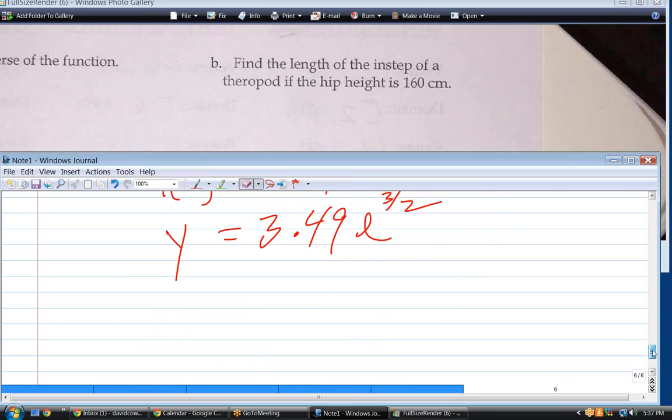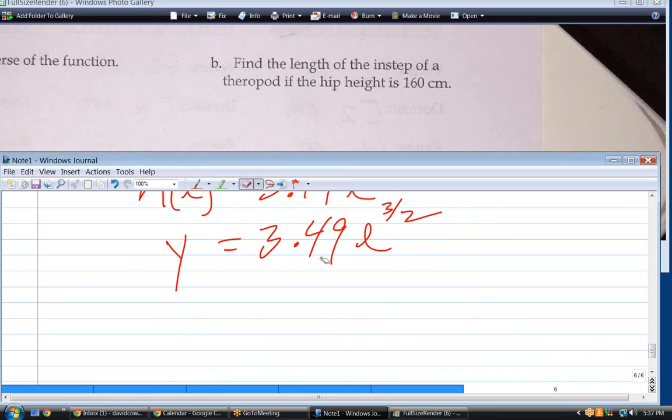And they want to know what value of L would result in a height of 160. So how can I start with their original equation that relates height, which is y, to the length of the instep, which is L?